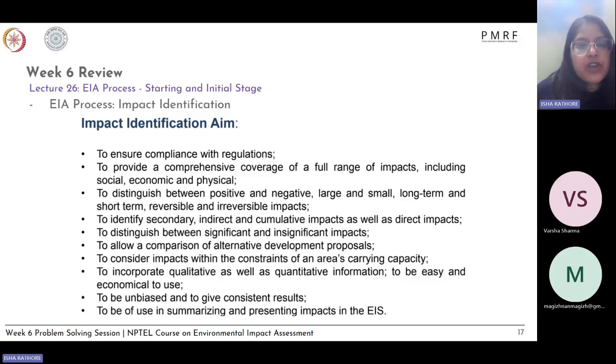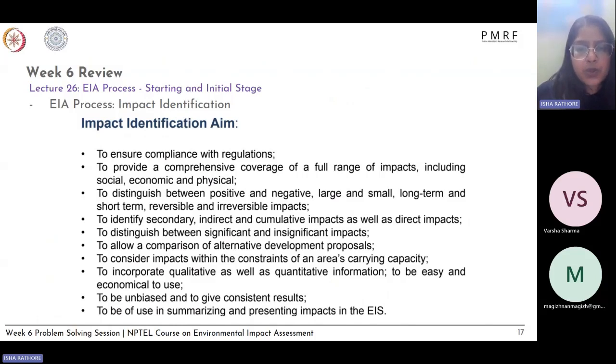You need to provide a comparison of alternative development proposals which have faced these kinds of impacts or have certain mitigation measures which led to mitigating the impact.